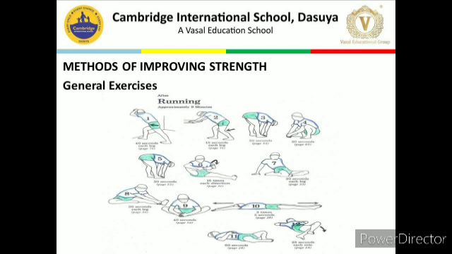These exercises equally develop the whole body and are good for warming up and conditioning. According to these pictures, a few general exercises are jogging, walking, running, skipping, and a few light activities. These are all general exercises.